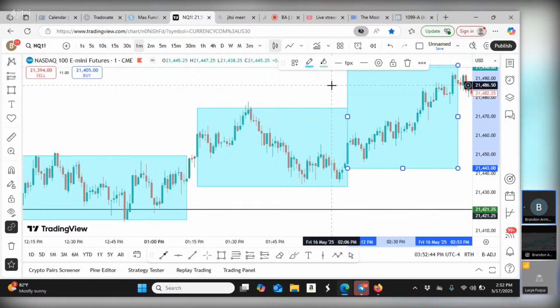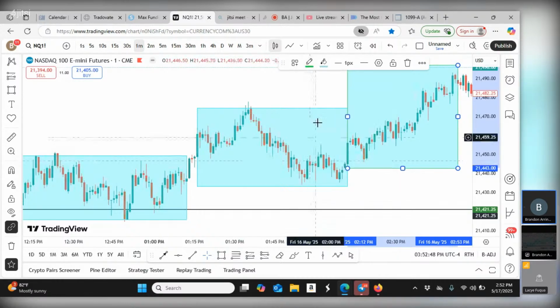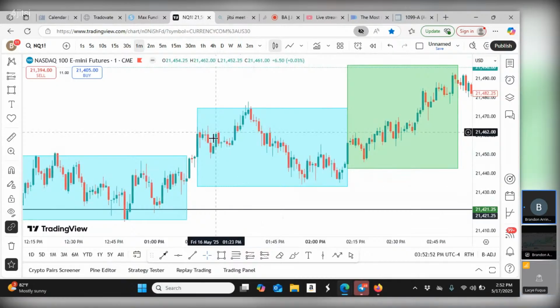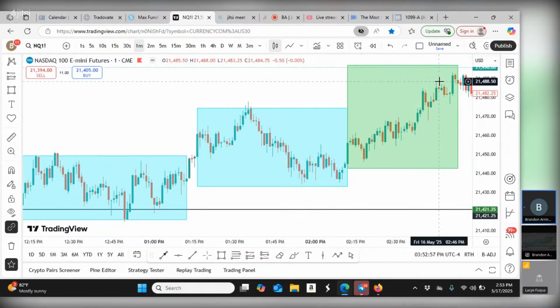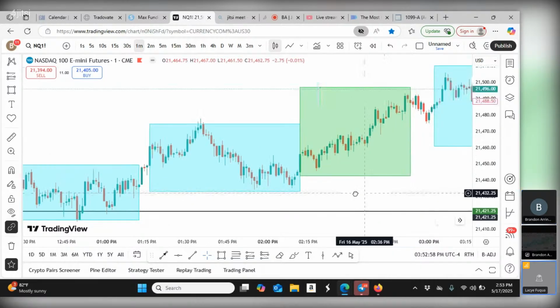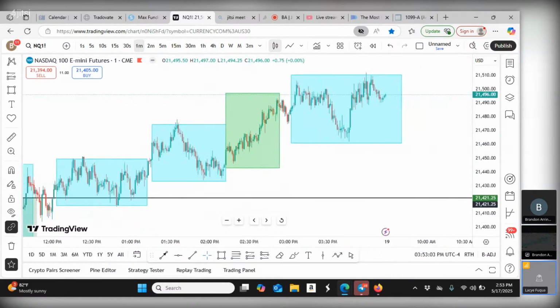What we're trying to do is align ourselves with big money. We're trying to follow them, not everybody else. Everybody else is trapped in this range right here. We're trying to follow big money because they move price, and then boom, there it goes.